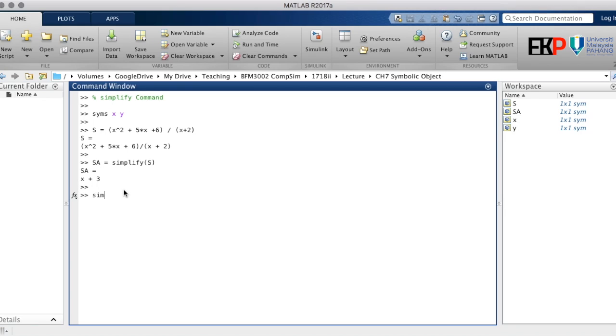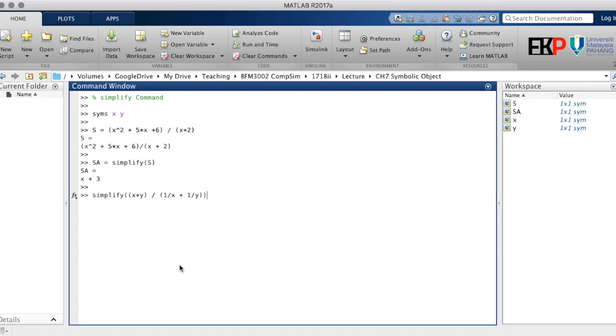We can also use the simplify command by typing in the expression directly within the command. So we type in, for example, x plus y divided by 1 over x plus 1 over y.